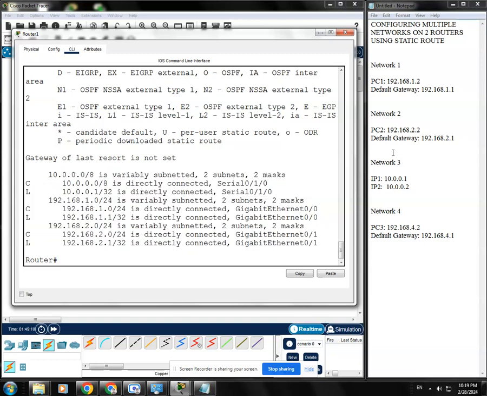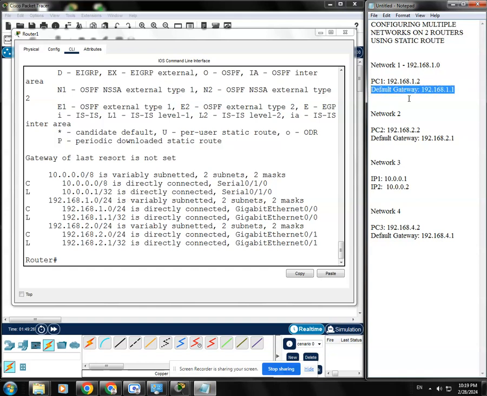But before we do that, let's first go to network one. I'm going to put the network IP address here, which is 192.168.1.0. This IP address, its default gateway, and this PC1 IP address are hosts, and these hosts are under this network IP address.